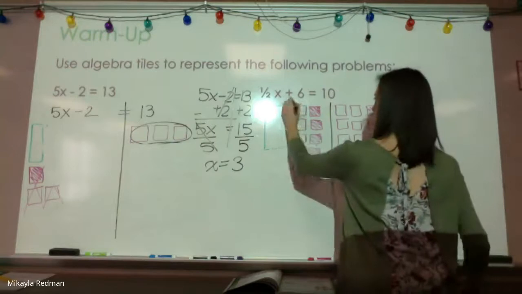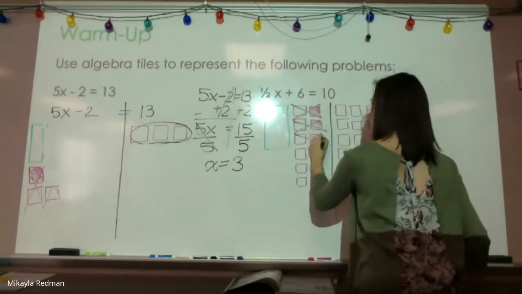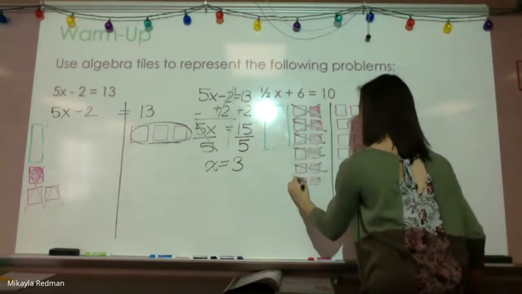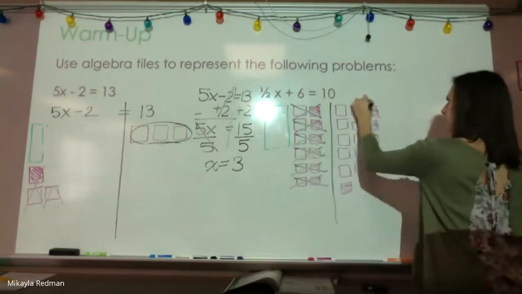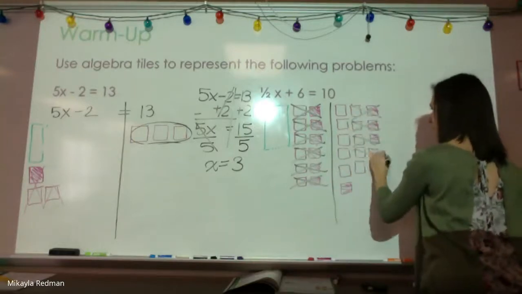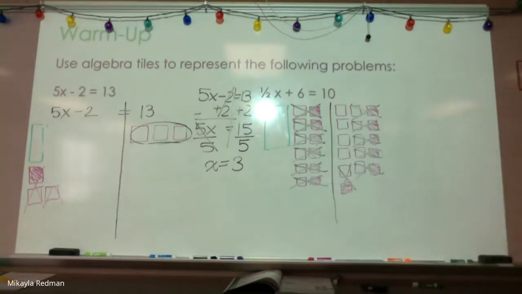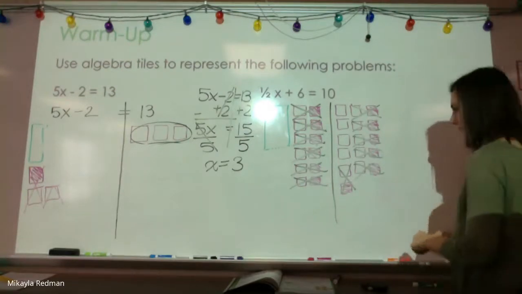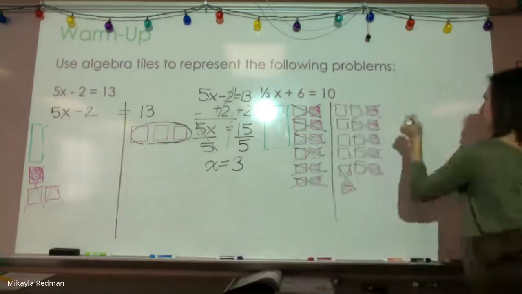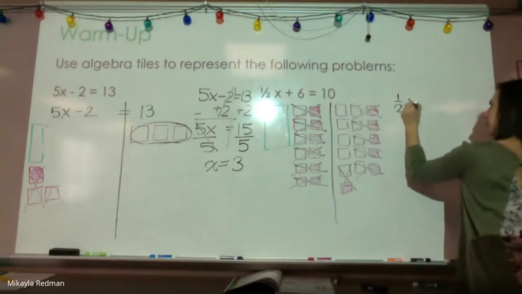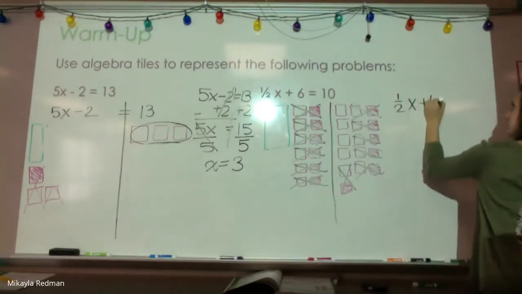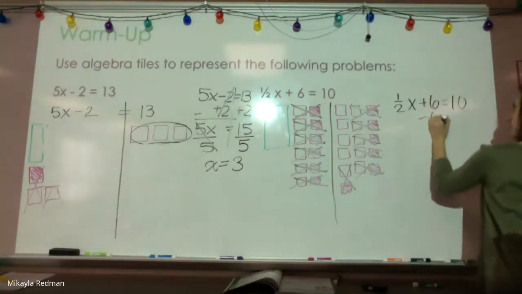So this positive and that negative, positive, negative, all those cancel out. And same on this side. And so what we have really done here is we subtracted 6 from both sides, right?